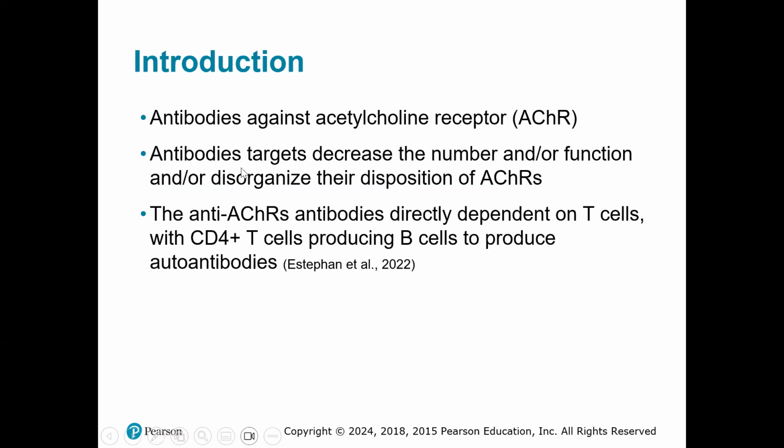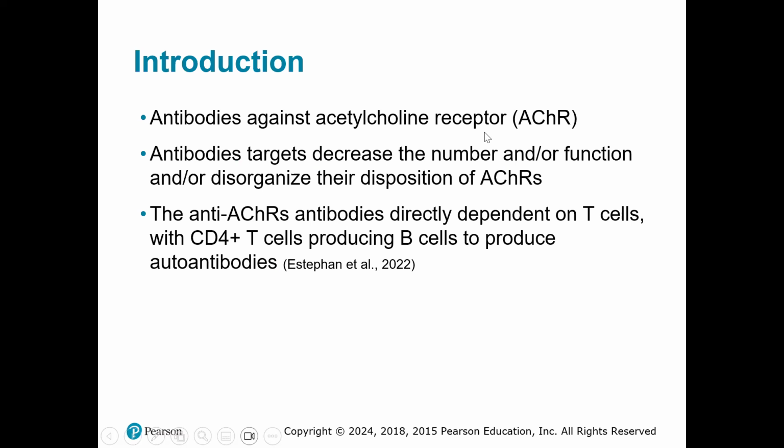The antibodies decrease the number and function of the acetylcholine gated channels and disorganize the disposition of the receptors. The antibody production is directly dependent on CD4 helper T cells, which stimulate B cells to produce the autoantibodies against the acetylcholine receptors.